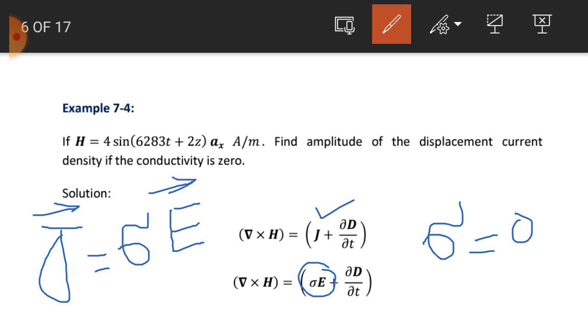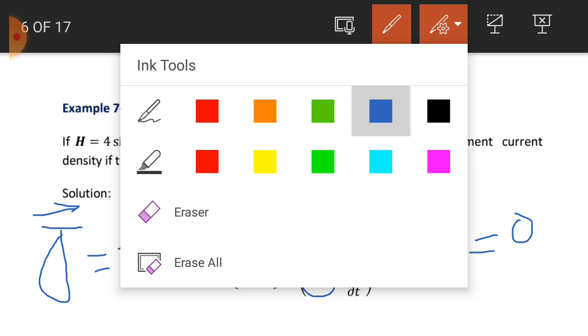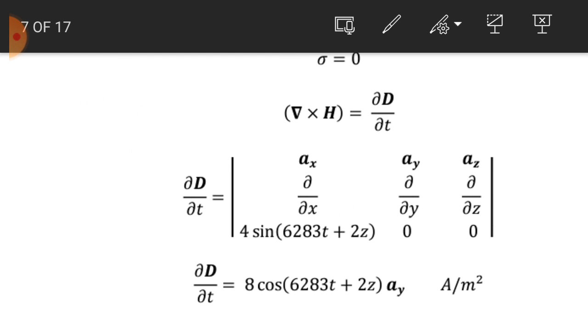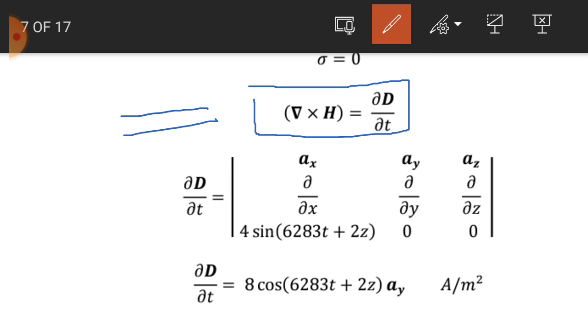The conductivity in this numerical example is 0. So if the conductivity is 0, we obtain this particular equation. The curl of the magnetic field intensity will be equal to the displacement current density. So we can calculate the displacement current density with the help of the curl of the magnetic field intensity.